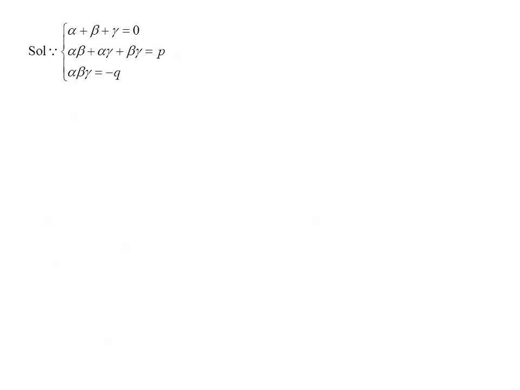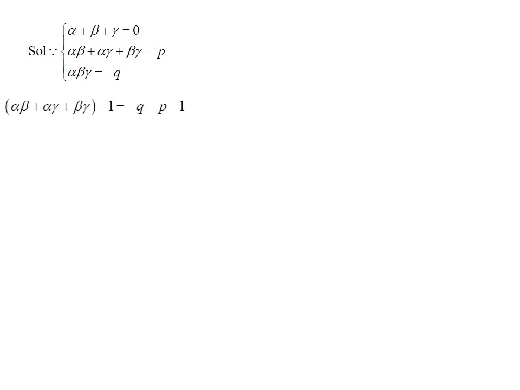Here we continue with example 5. According to the relations of a cubic polynomial's roots and its coefficients, we have three simultaneous equations established. The sum of alpha, beta, and gamma equals 0. The sum of alpha beta, alpha gamma, and beta gamma equals p. The product of alpha, beta, and gamma equals negative q.